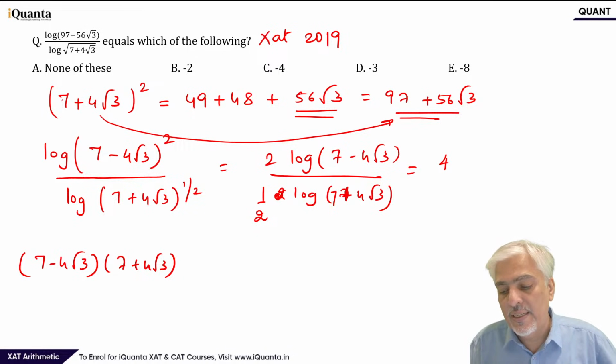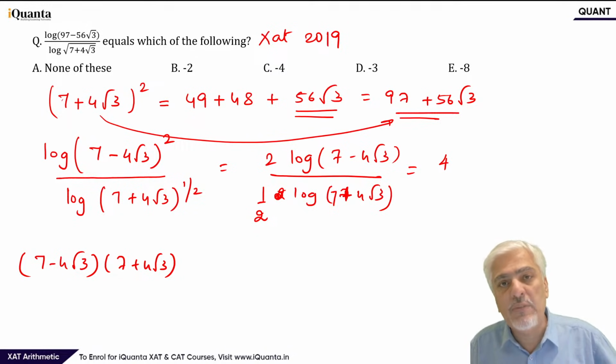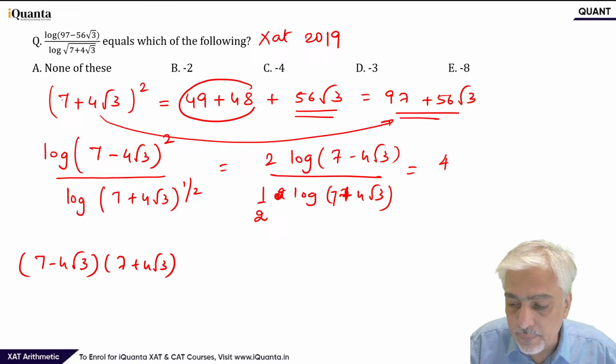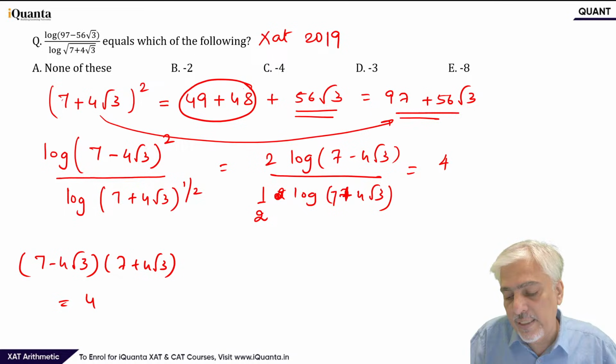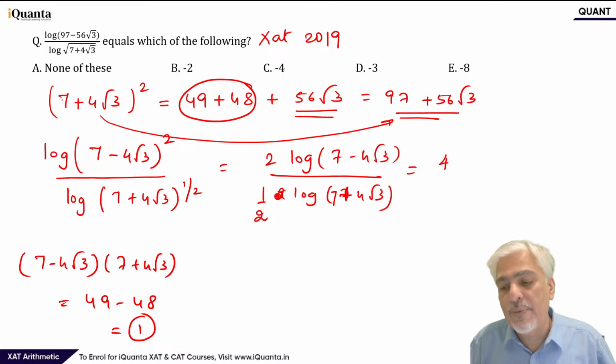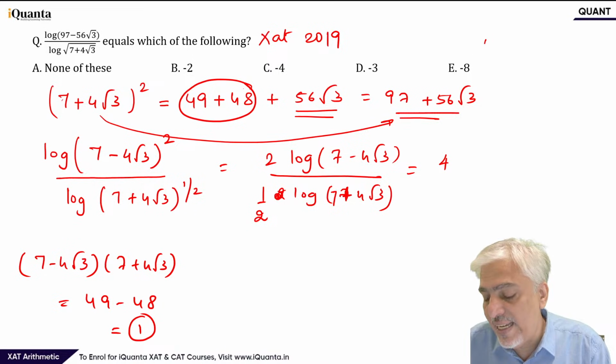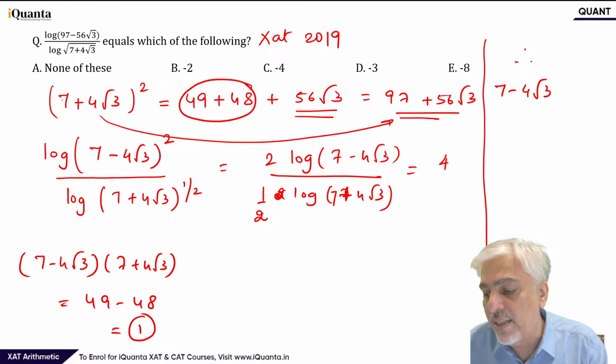Let's check. It is a minus b into a plus b. We know the formula is a square minus b square. And that hint also came from here. It is 49 minus 48, which is 1. That means the product of 7 plus 4 root 3 and 7 minus 4 root 3 is 1. So if their product is 1, can I say 7 minus 4 root 3 is nothing but 1 upon 7 plus 4 root 3?